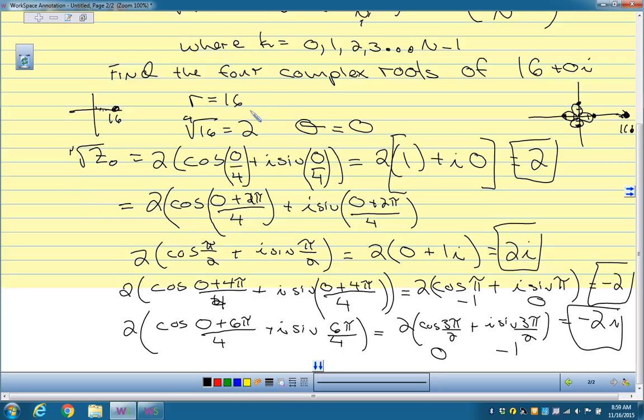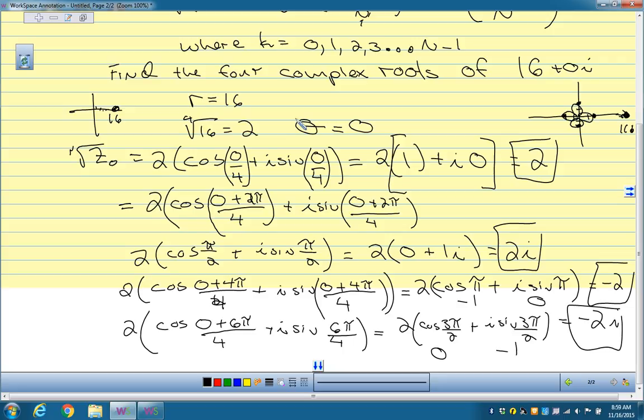So listen up, because this is where it's important. If I have 4 roots, you find the original root, you use the same magnitude, and then you just add 90 degrees to it. You use the same r value. If there are 5 roots, you find the original angle, and then you add 1/5 of 360 to it.